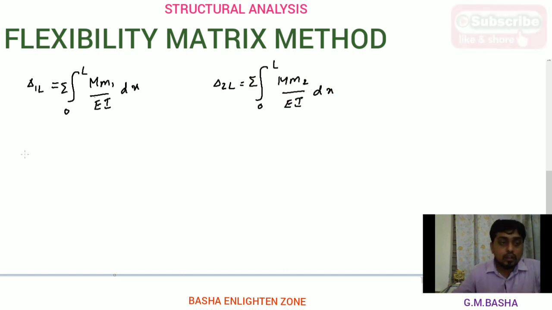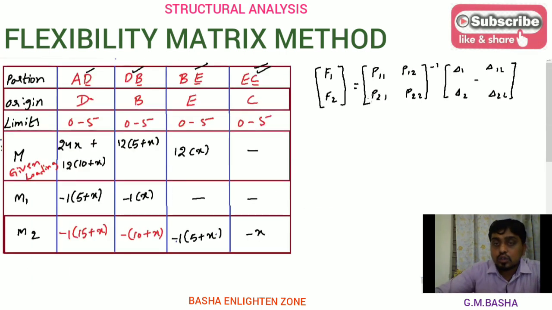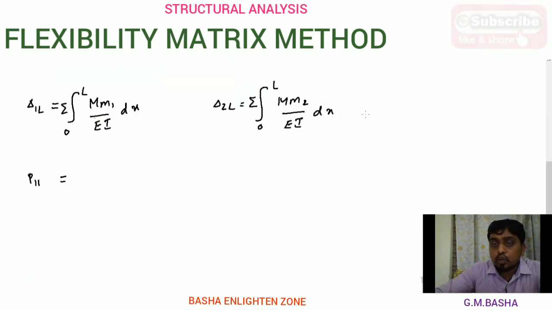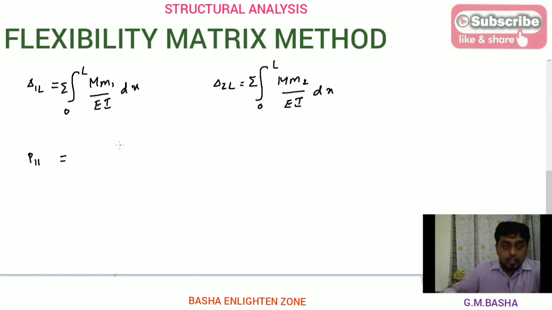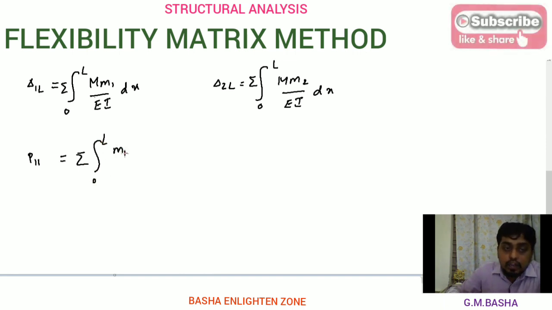Again, what about this small P11? So this P11, P12, P22, P21, P22. This P11 will be equal to the integral of 0 to L, based on the flexibility matrices, m1 m1 by EI into dx, or else you can take down directly m1 square by EI into dx.